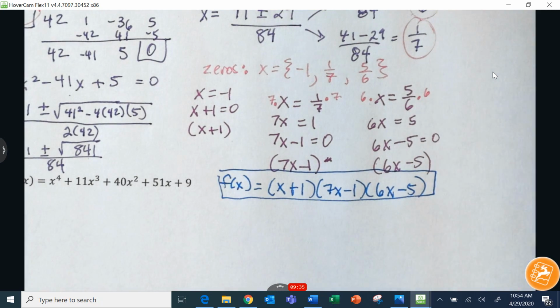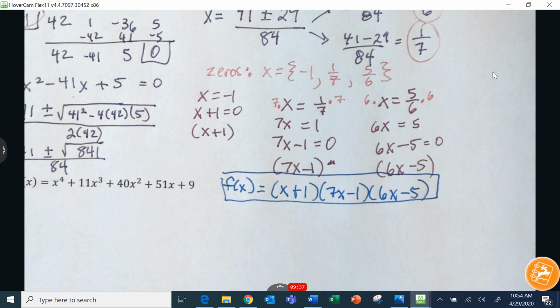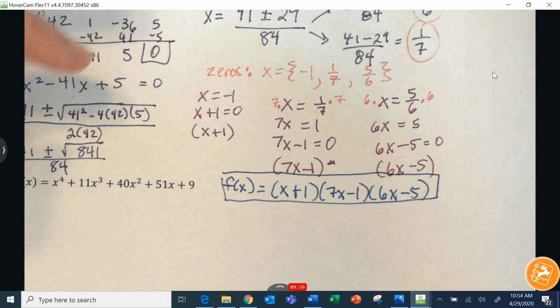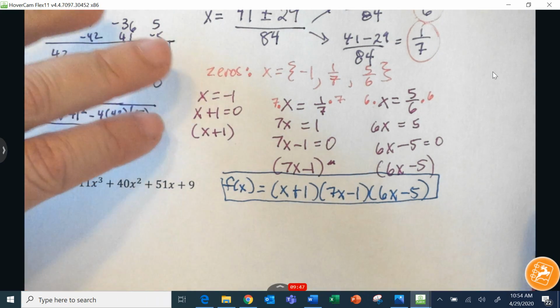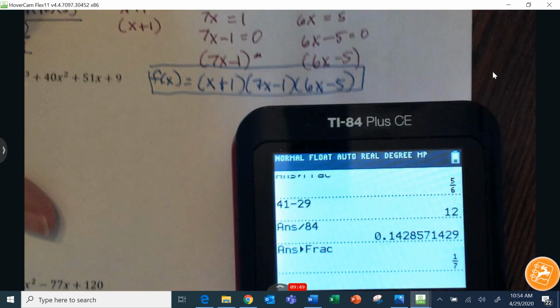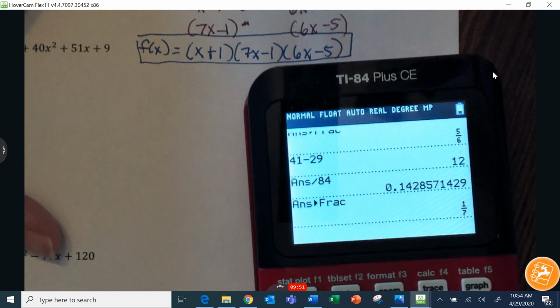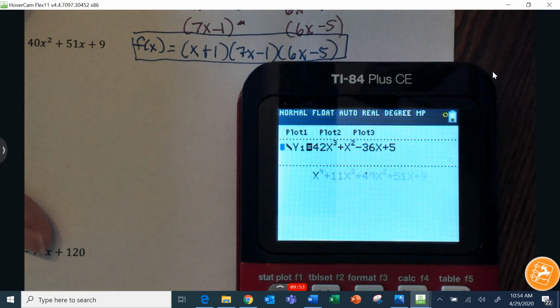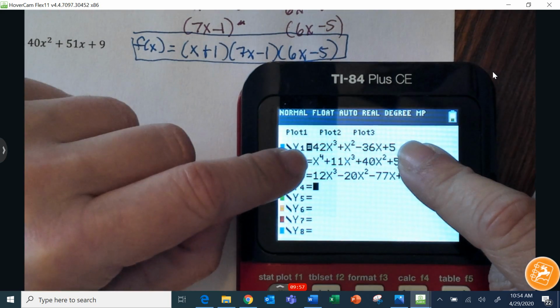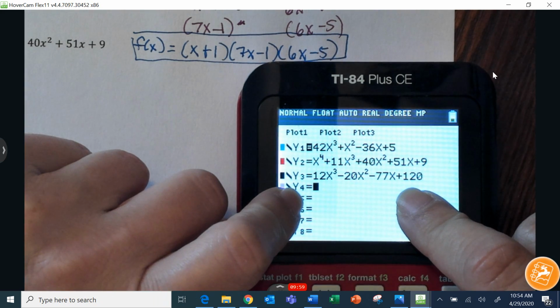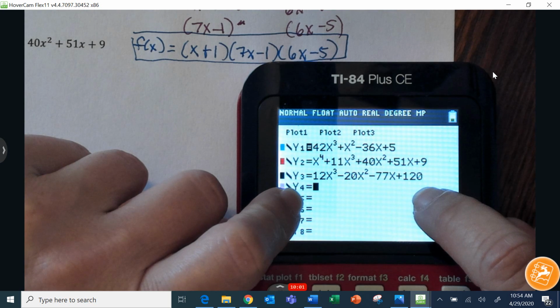Now in the past, I've had a lot of students make silly mistakes throughout this process. So what I'm going to ask you to do, on your graphing calculator, or you can do any of this calculator stuff on Desmos since you're in front of a computer anyway, is graph the original one and your factored form at the exact same time.